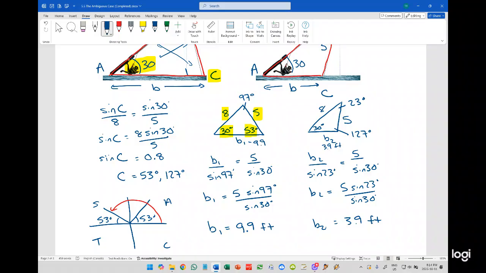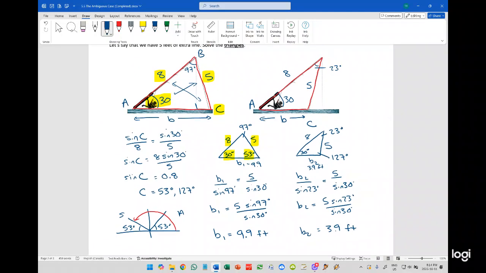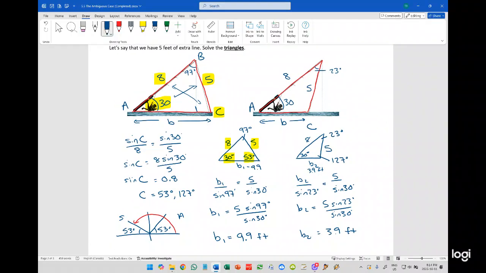All right, so that's the idea, is that sometimes we can be given two triangles that have the exact same description, and we have to figure out if we're talking about one or the other, or if we should solve for both.